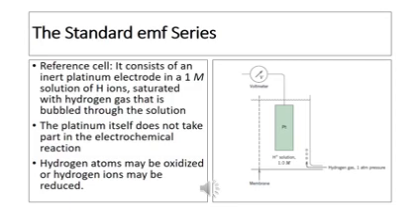On our left-hand side, we have a cell of hydrogen where hydrogen is being pumped into the cell, and the concentration of the ions is 1 molar, and platinum is used, and this is connected to the other electrode, and the reading there tells us what the EMF is for the other material that you have connected. The use of the platinum is just to provide a surface area where oxidation and reduction of the hydrogen ions can take place.